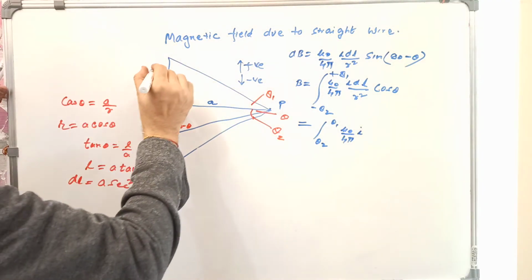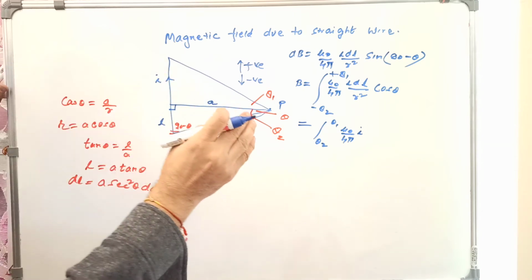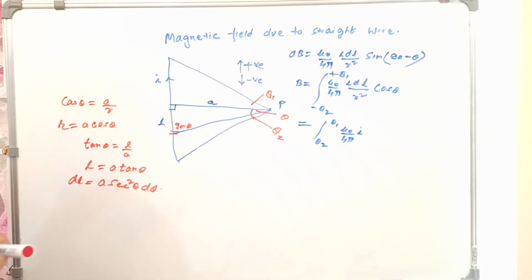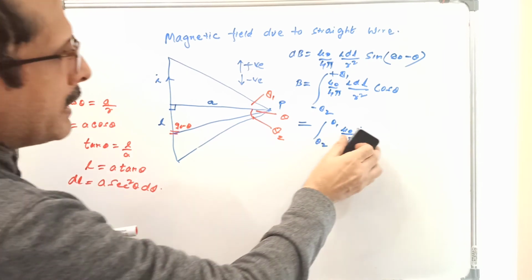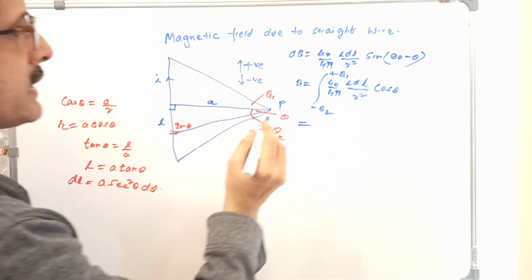The current is constant. So this is the current, by the way, which is a constant current flowing. So the good thing is this will come out, and let me start putting all the constant items outside. So it becomes mu naught by 4 pi I, and then theta 1 to theta 2, dl is inside, r square is here, and cos theta is here.